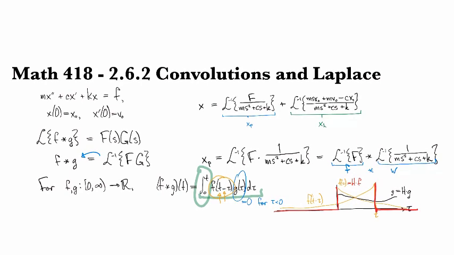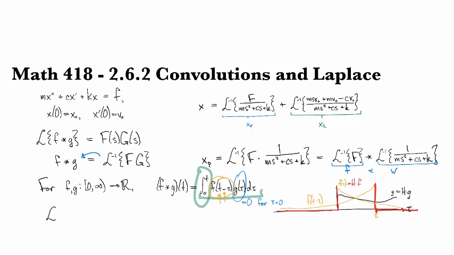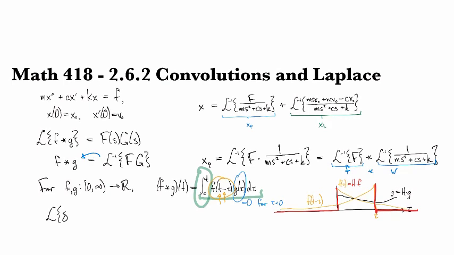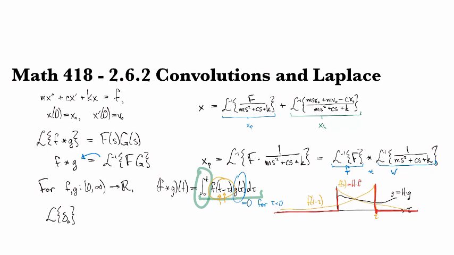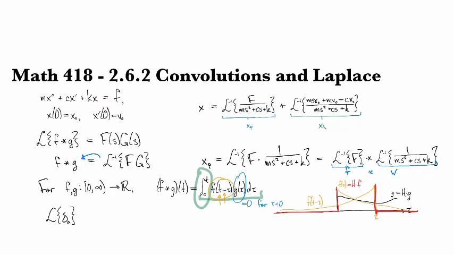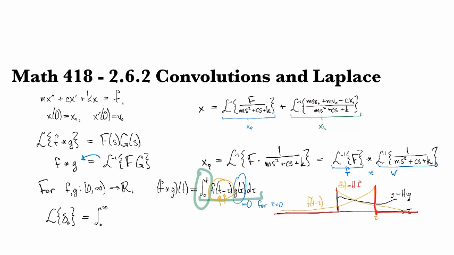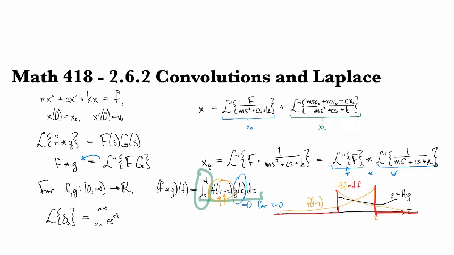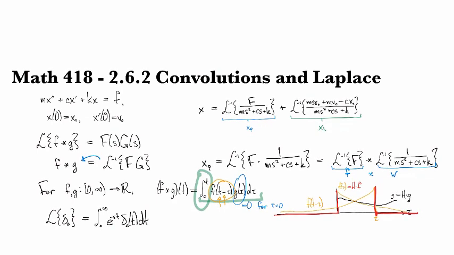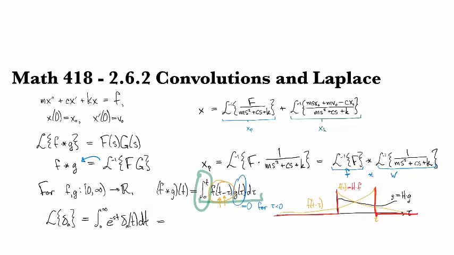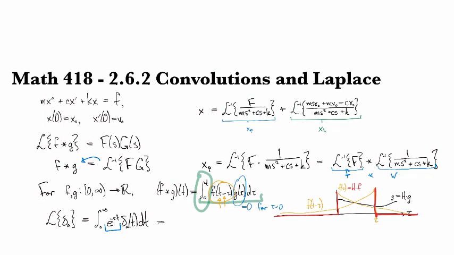The other thing that we have that's lovely about the Laplace transform is that if you take the Dirac mass located at the point a, then its Laplace transform, so if we do the integral from 0 to infinity of e to the minus st times Dirac a of t dt, then what we get is, let's see, the Dirac mass is going to evaluate its argument, so that's this one right here, where t is equal to a.